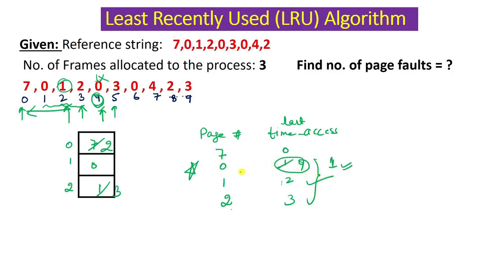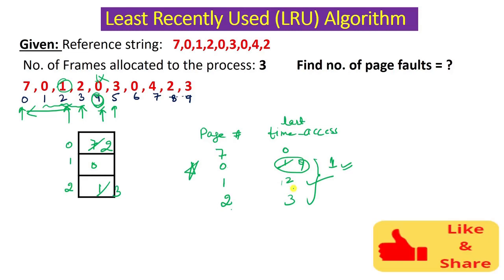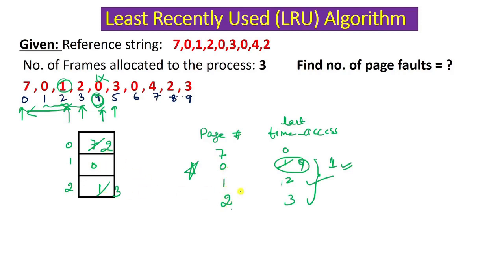And then find the page with the minimum last time of access. Whichever page has the minimum last time of access, that page should be selected as the victim page by the LRU algorithm. So out of 0, 1, 2, page number 1 was selected as the victim page, so that we can put 3.